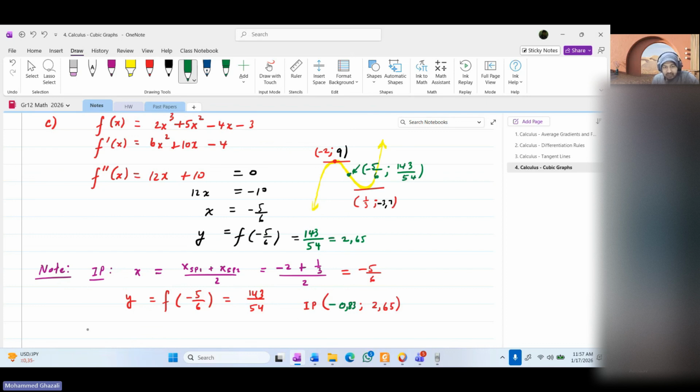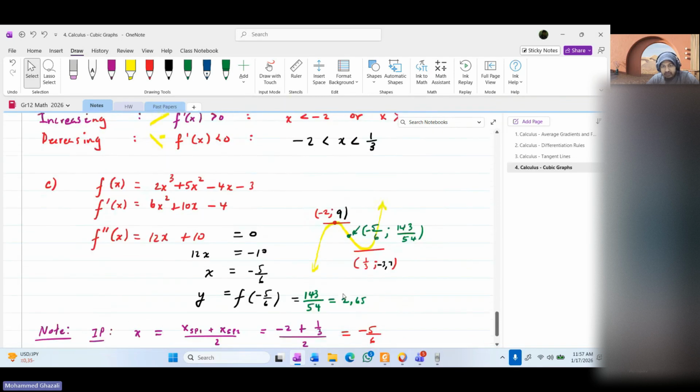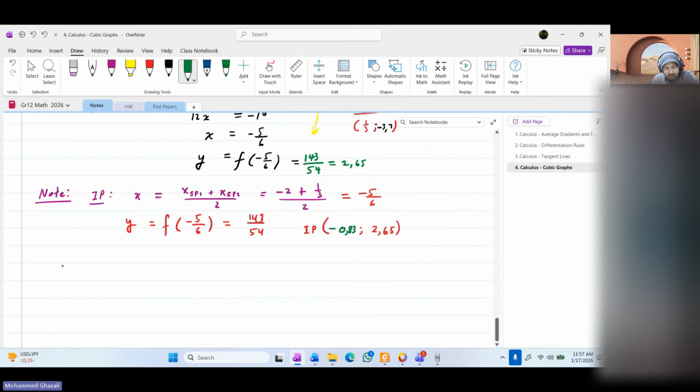Wait, by the way, remember I also asked when is the graph concave up and concave down. So we can look at that. Let's start with the inflection point first. The inflection point is when f double prime x is equal to 0.